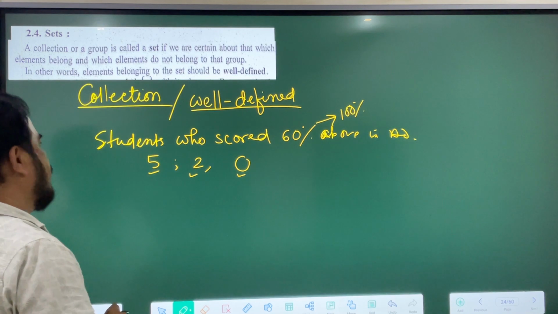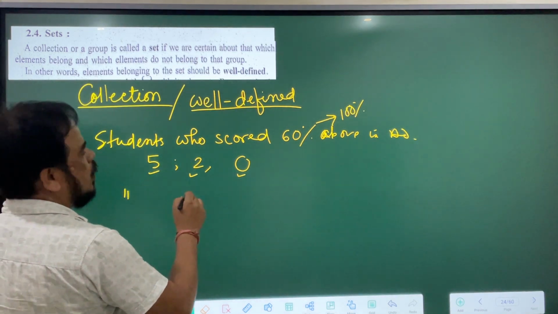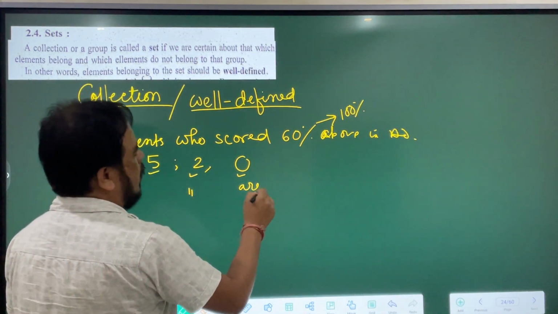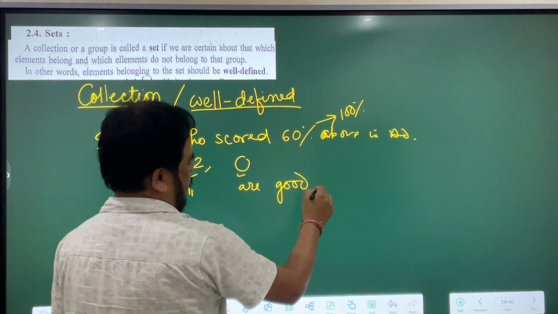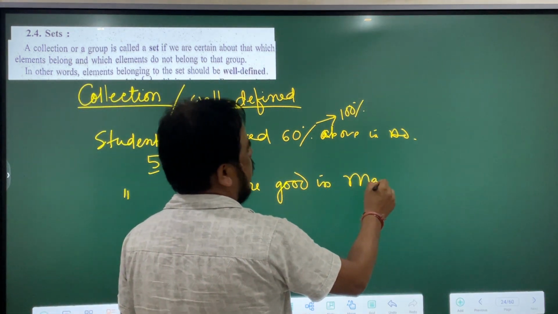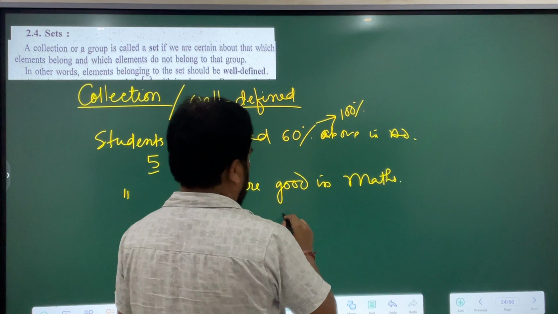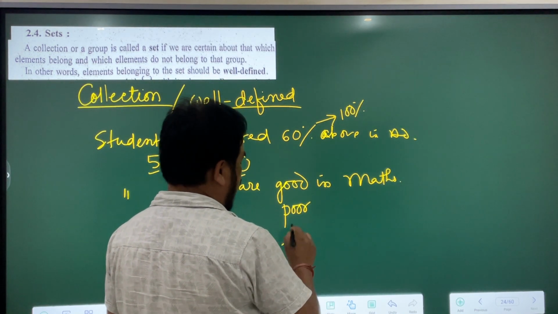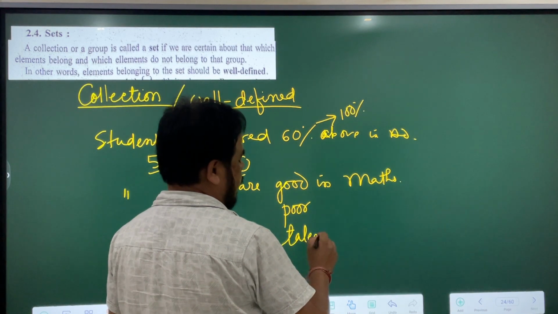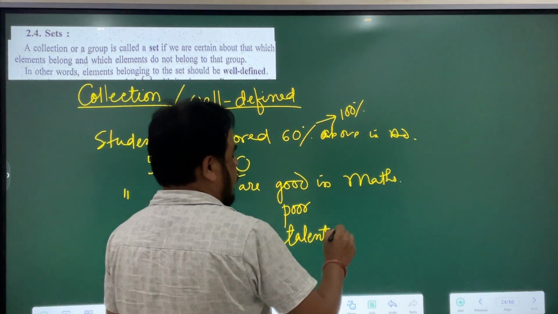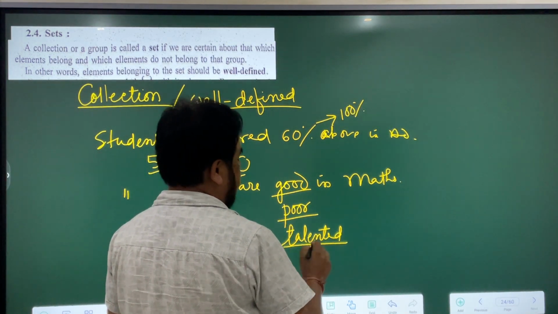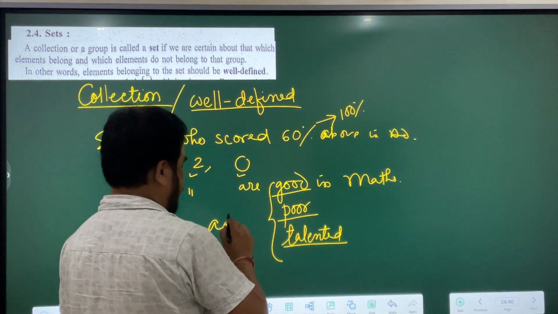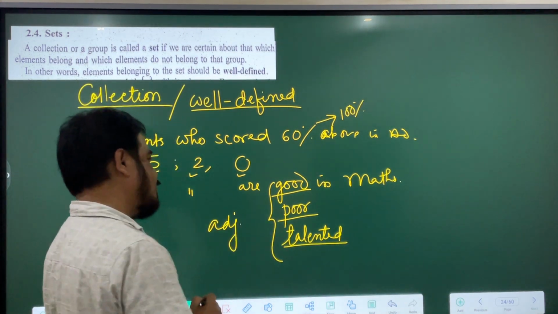But if we write students who are good in mathematics, or poor in maths, or who are talented, these are called adjectives, as you know.